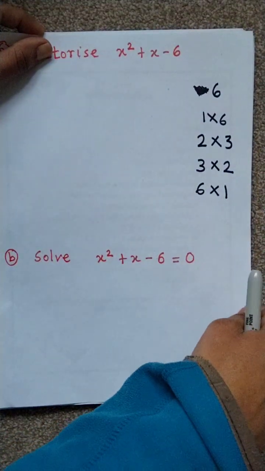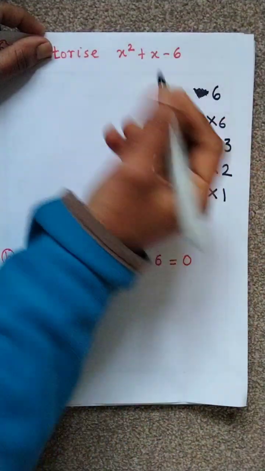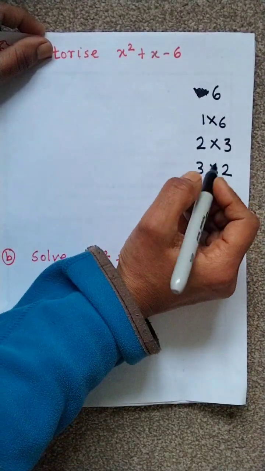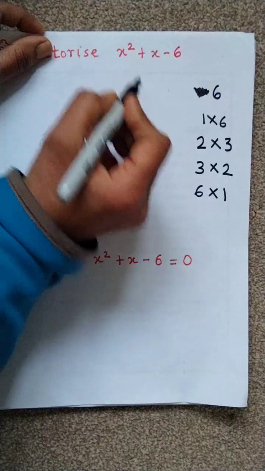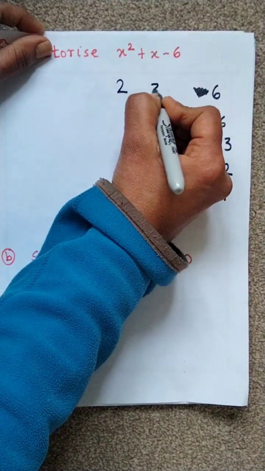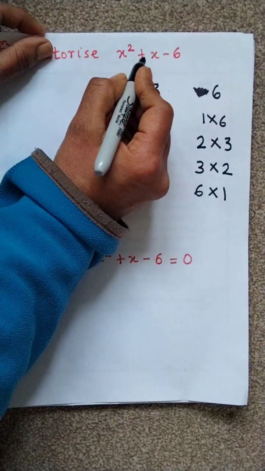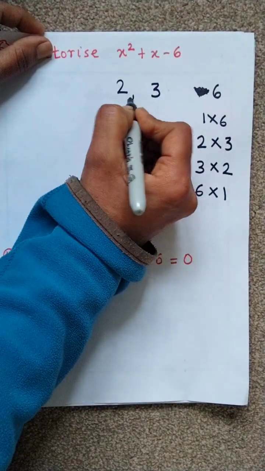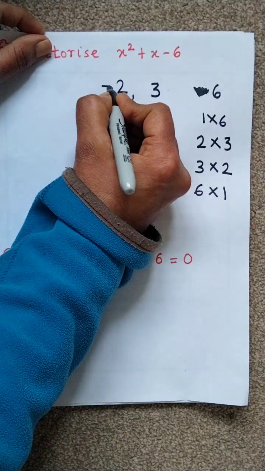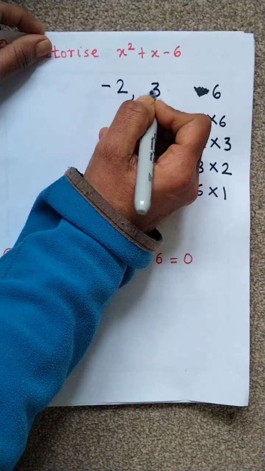So you have to check which number to select positive and which number to be negative. Okay, so we'll select 2 and 3, but we want positive sum, so this should be negative, minus 2 should be negative, and 3 should be positive.